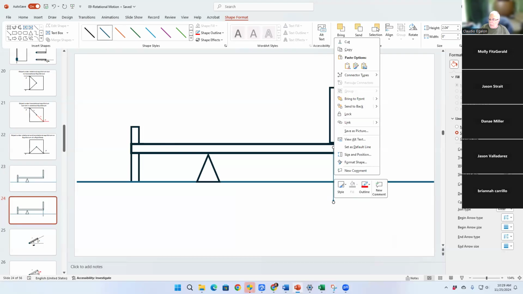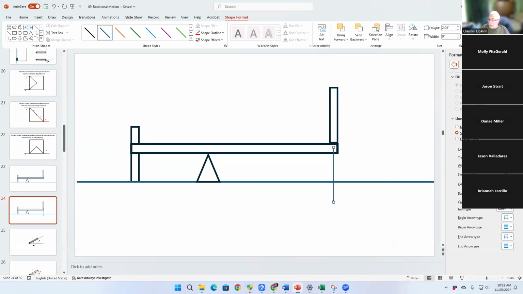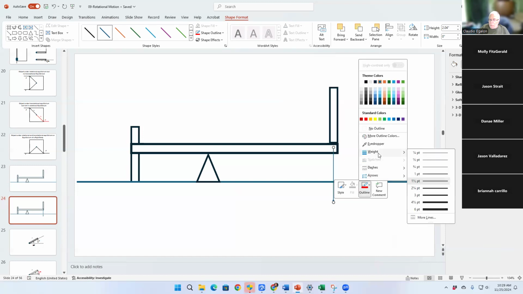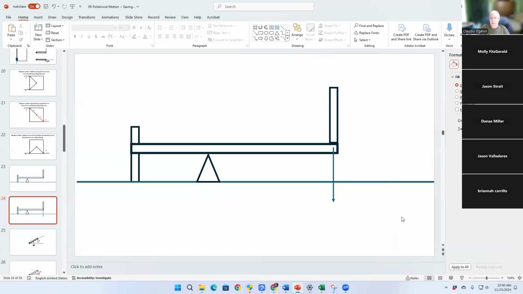Oh, begin arrow, okay. Format shape, size, and position. Must be this one here. Let's see what's going on. That's the arrow. No line. That's this one here. Here you go. Thicker, right? That's the weight of the woman.